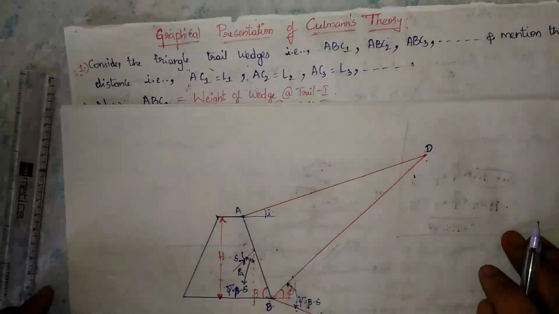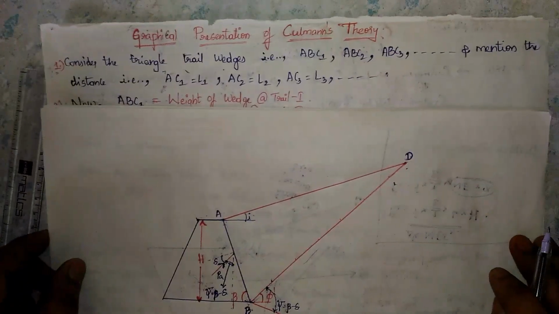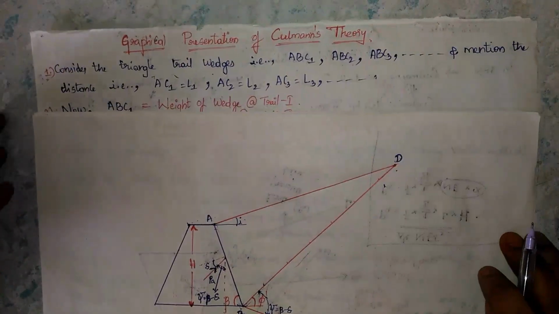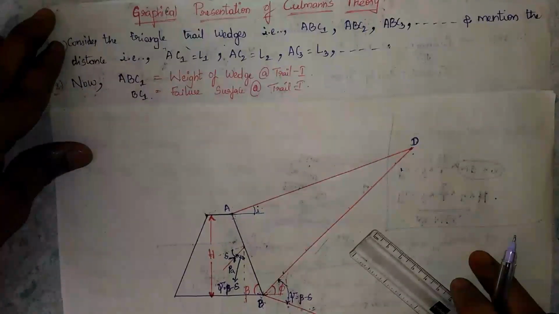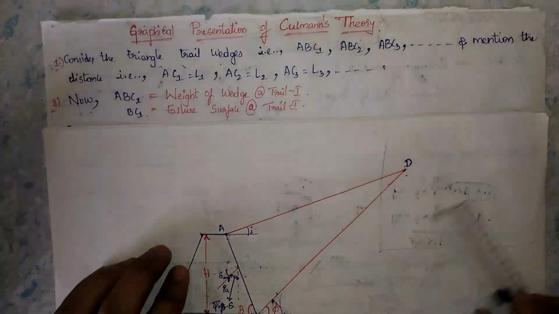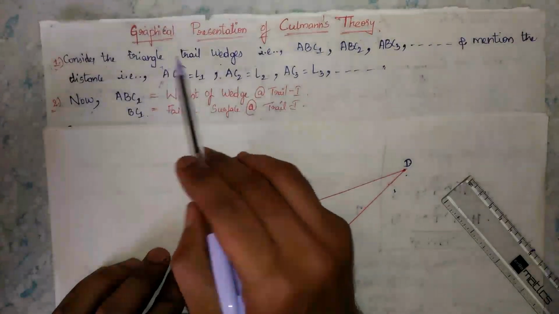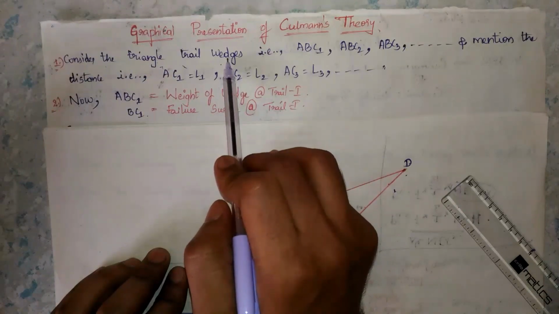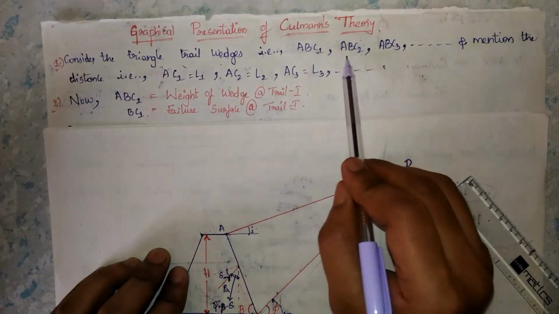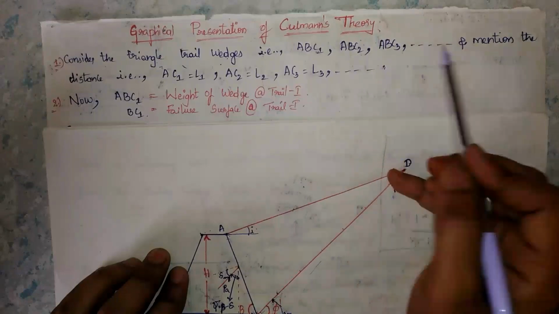So see here, the first point he has mentioned: consider the triangular trial wedges, that is ABC1, next ABC2, ABC3, and so on.